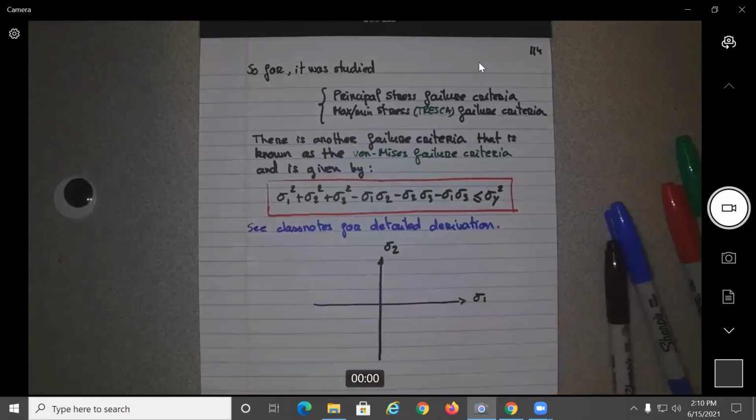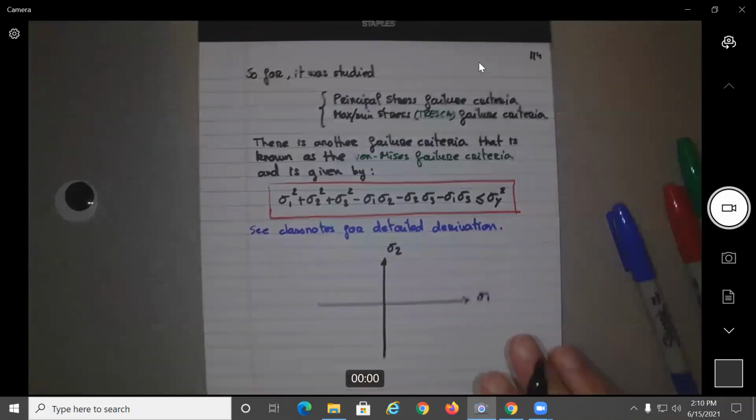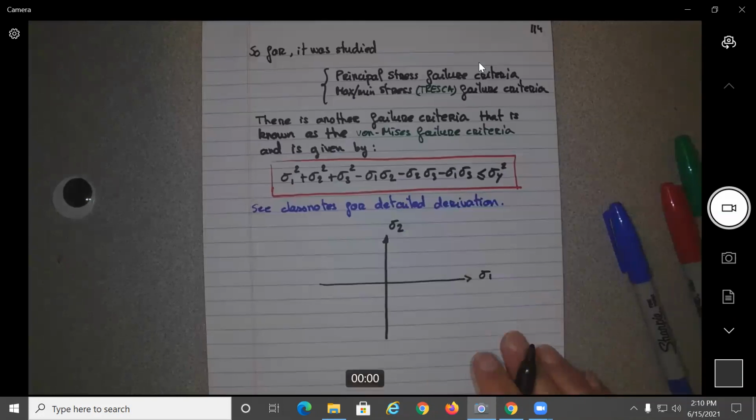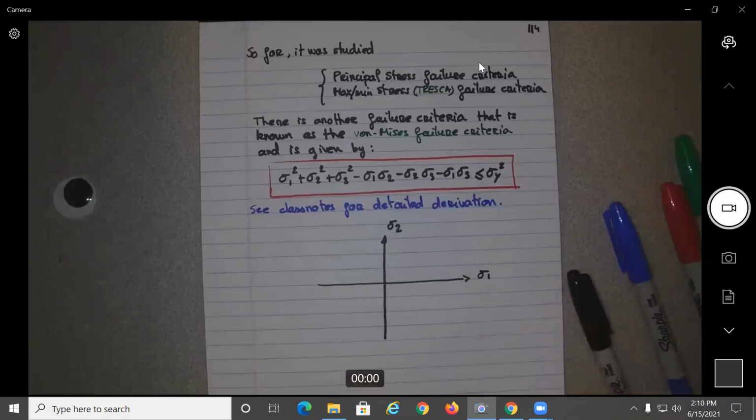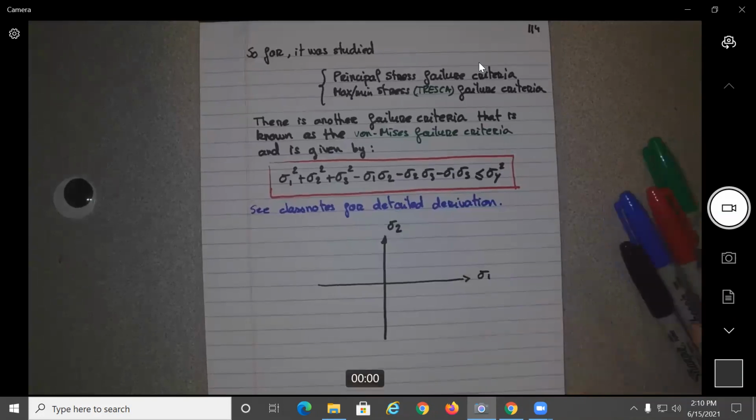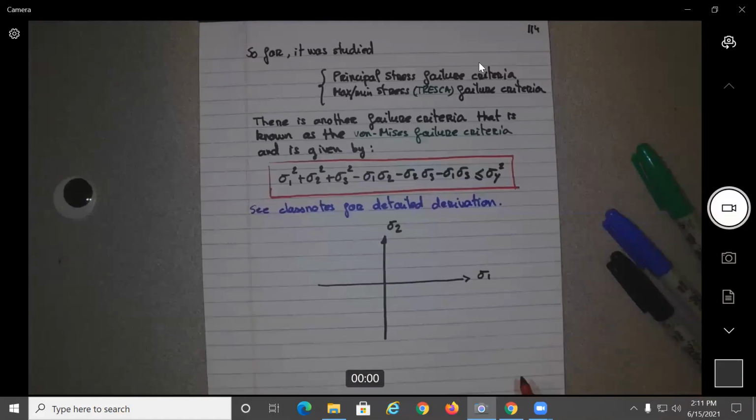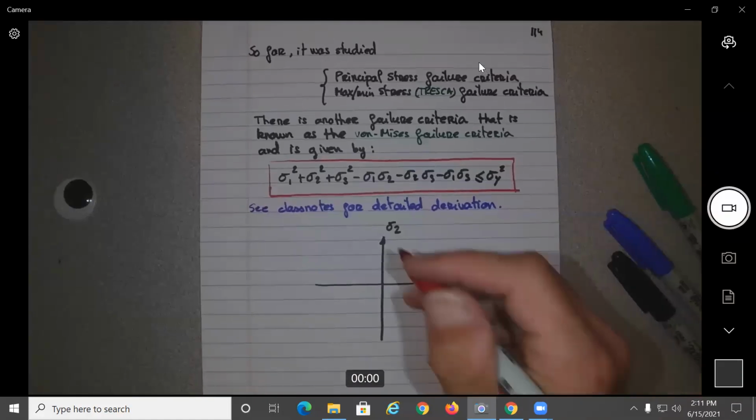Okay, so this is static failure criteria. This is only for static loading. So what do we have?